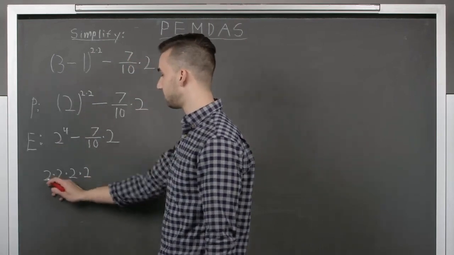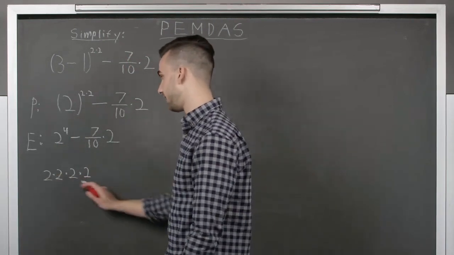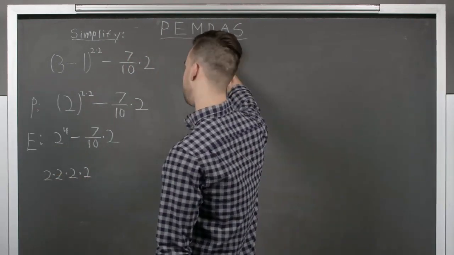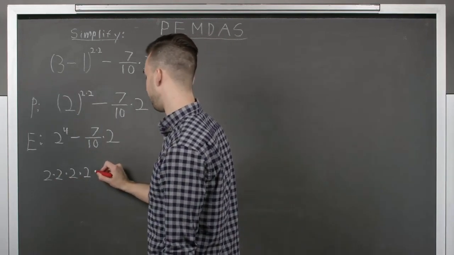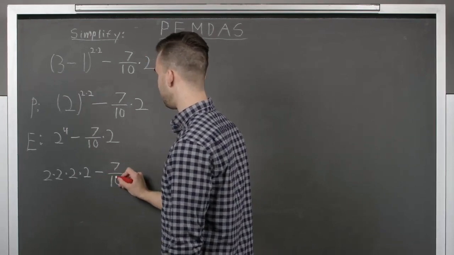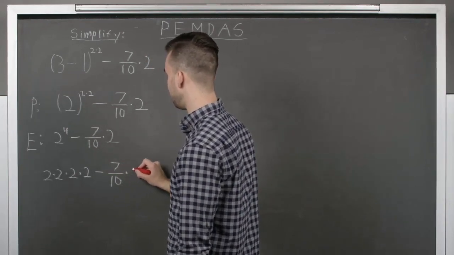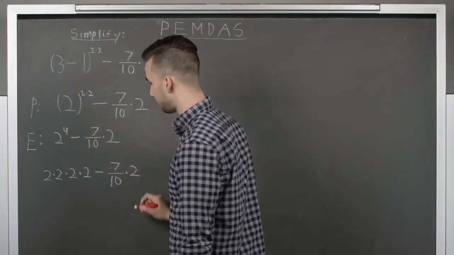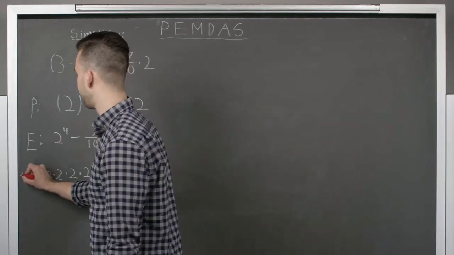So this is 2 to the power of 4. And we can actually leave that until our next step, which is multiplication. Minus 7 divided by 10 times 2. So this is our M step.